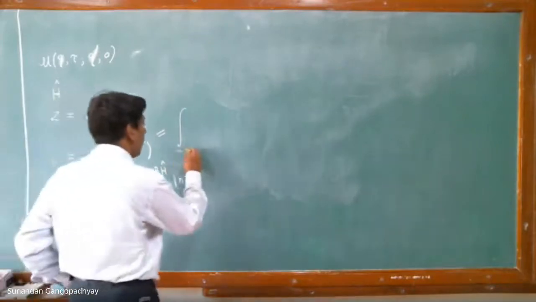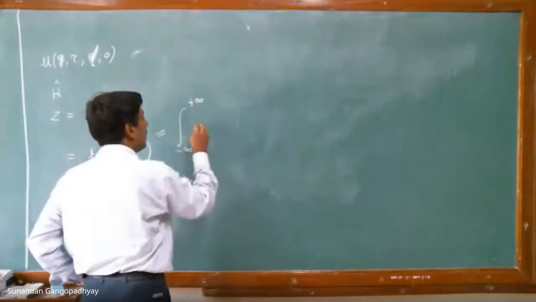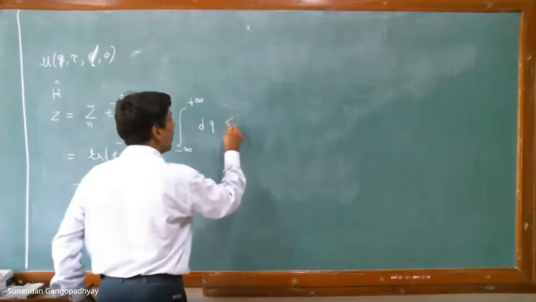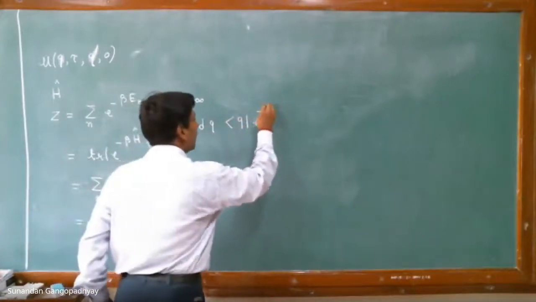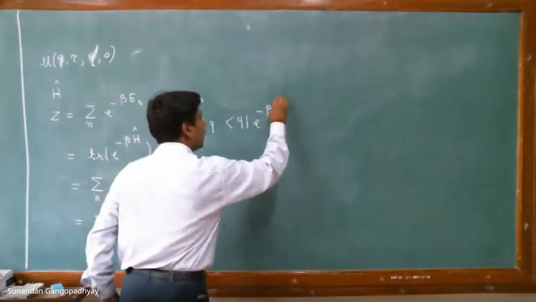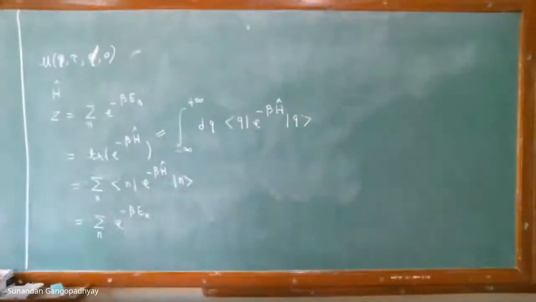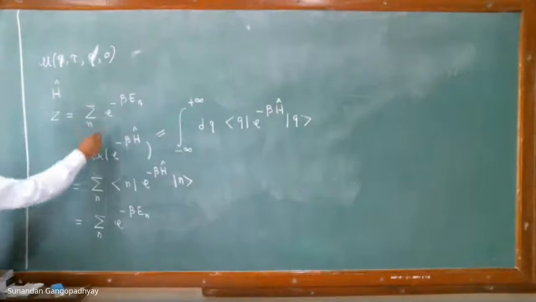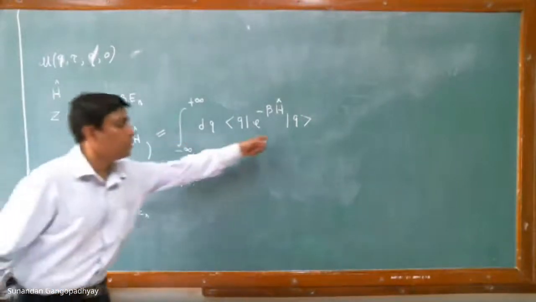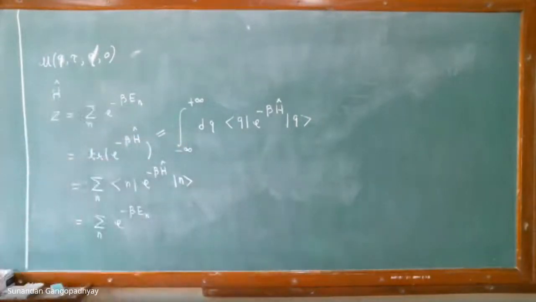So you can write the trace in this way. Both these will give us the same result. So this is equal to this. This is also equal to this. You can write down the trace in this way.